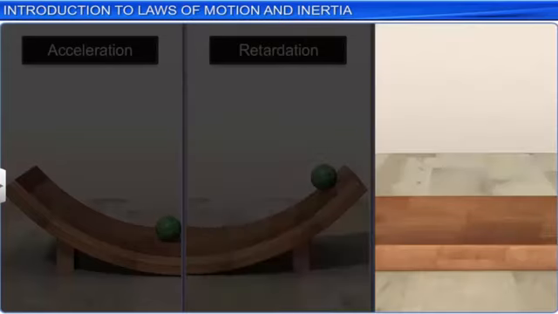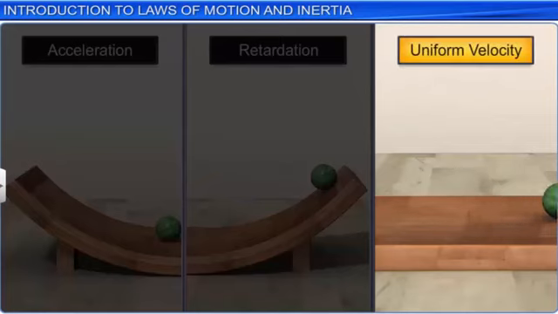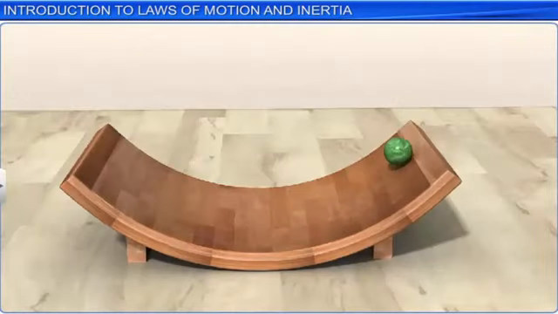A roller rolling on a horizontal plane neither accelerates nor retards, which means that the roller should move with constant velocity when there is no friction between the roller and the horizontal plane. The second experiment was with 2 inclined planes.